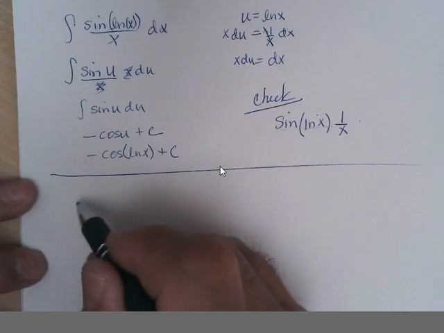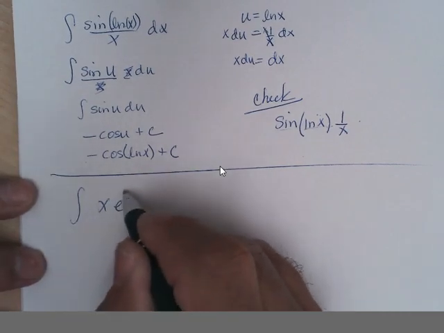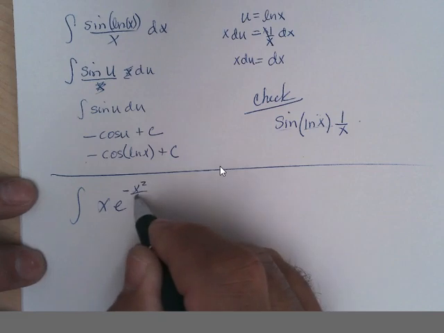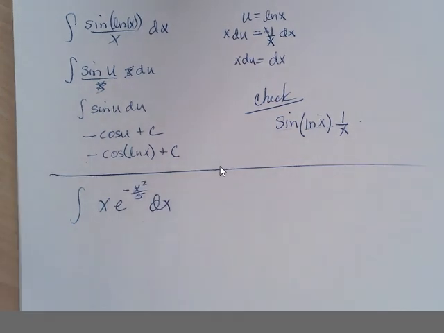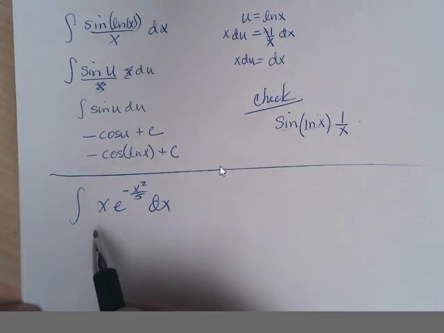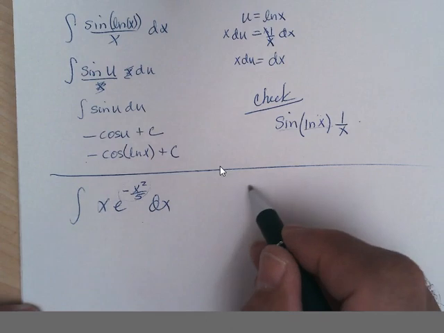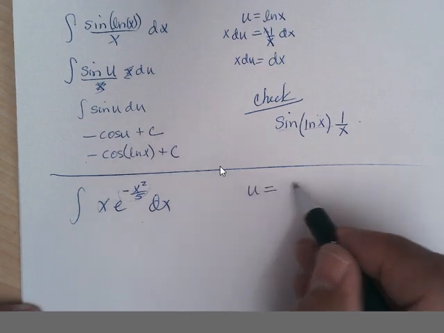How about this one? Integral of x e to the negative x squared over 5. If you're looking at that and thinking, yeah, maybe that should be u, you are correct.